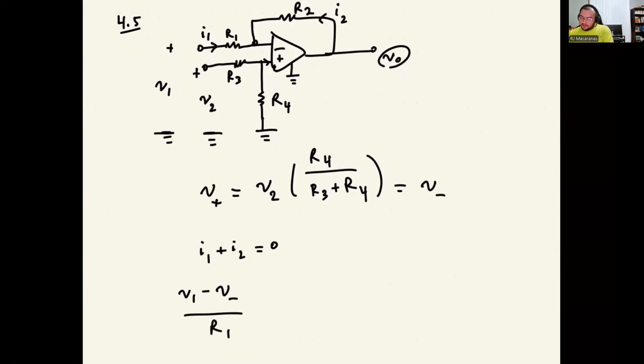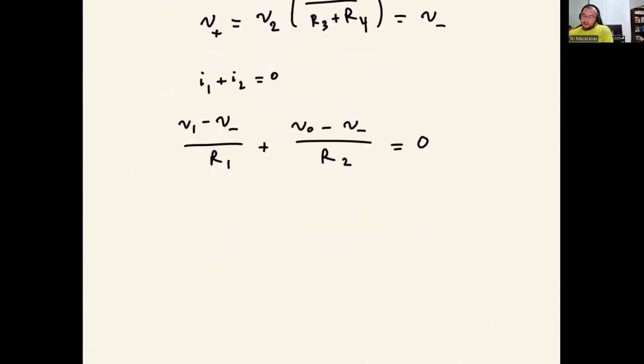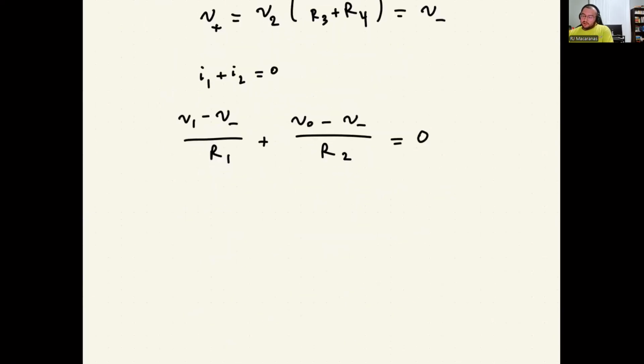And then I2 is going to be V out minus V minus over R2. And so this will sum to 0. And again, we're looking for an expression for the output voltage. So we'll want to separate out these terms to make life a little bit easier here.